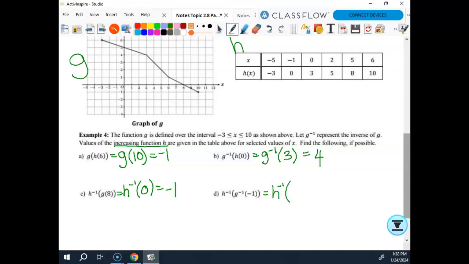G inverse is 10. H inverse of 10 is 6. All right. So when you're done, check those two. Let me know if you have any questions. Are we good?